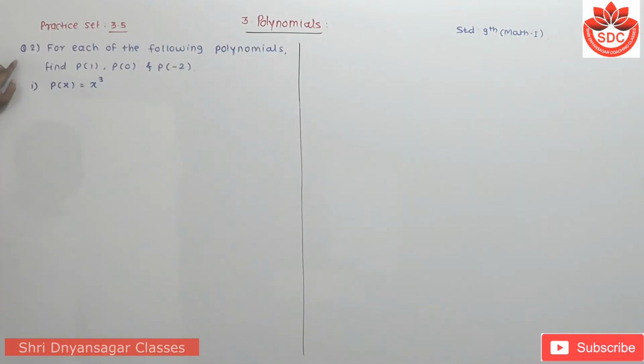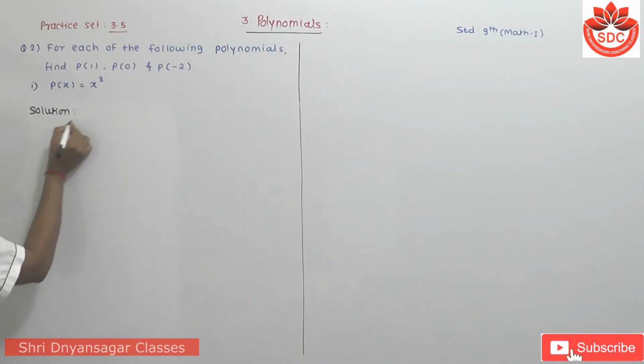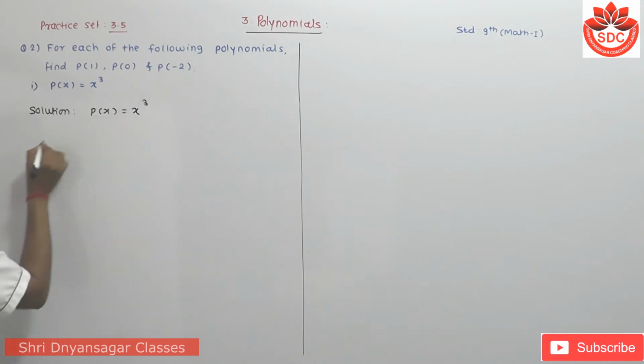The second question: for each of the following polynomials, find p(1), p(0) and p(minus 2). The first polynomial is p(x) equals x cube. Now we have to find all the values for these three. Its solution: the given polynomial is p(x) equals x cube.